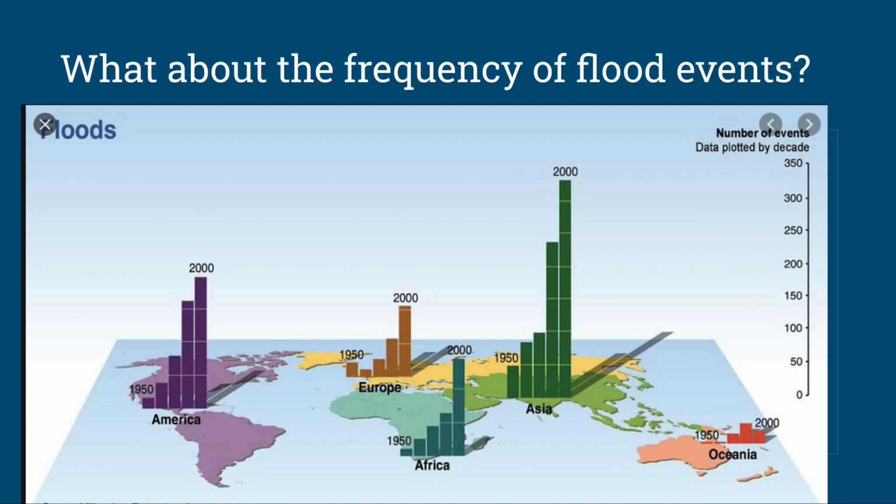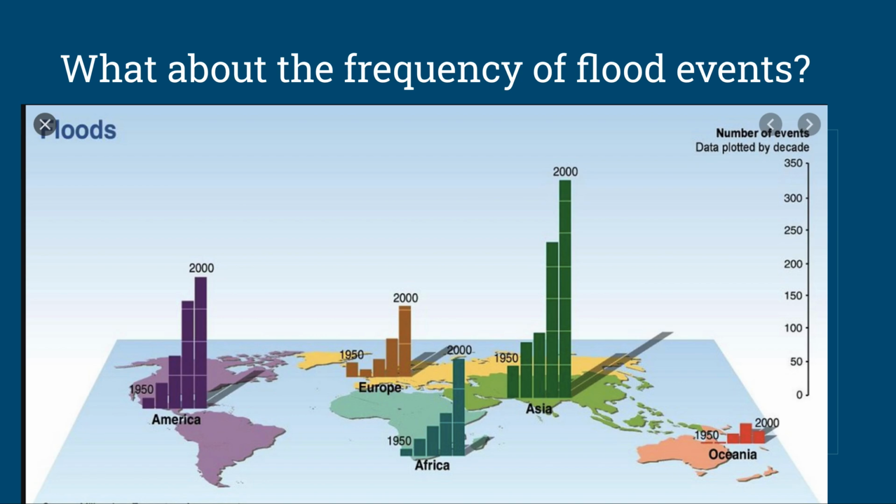So you can see here this graphic from the Millennium Ecosystem Assessment shows us the frequency of flooding over decades going back to the 1950s. And as you can see, there are two things to take from this graphic. If you were given this in exam conditions, the examiner may ask you to comment on the data shown in this figure, and you hopefully would realise that there are more events occurring in Asia.